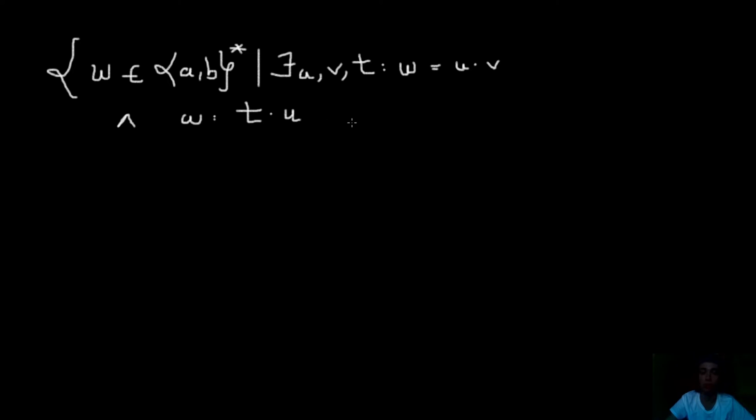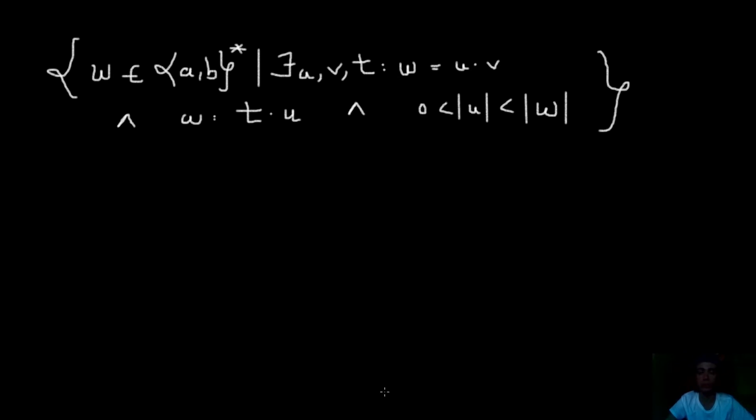And finally, to represent that their size must be greater than 0, we say that 0 must be less than the size of u, and the size of u itself must be less than the size of the word w, which is the word that we want to accept.